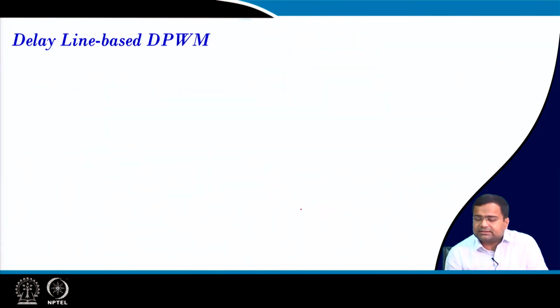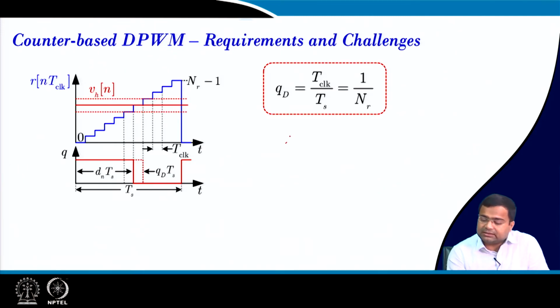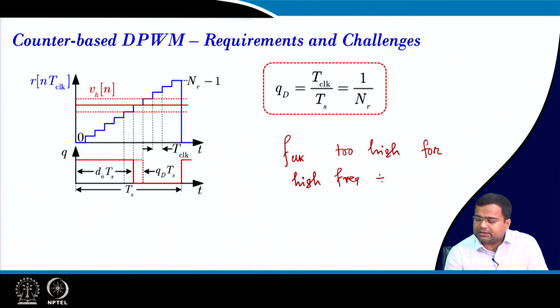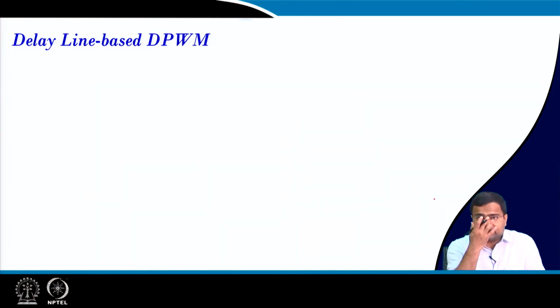So, the challenges we have discussed, challenges means the clock frequency requirement is too high for high frequency plus high duty ratio resolution application. And that will put a limit. Then what is the alternative way?